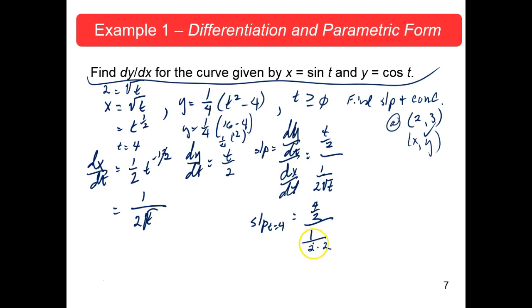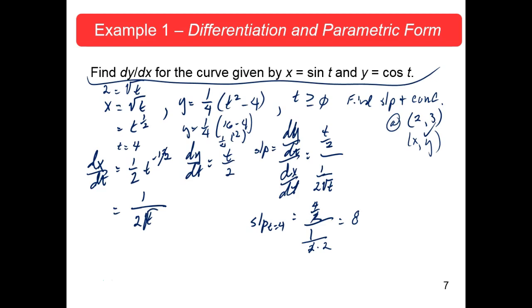So I'm just going to wipe out one of those sets of 2's, and I'm left with 8. 4 divided by 1/2 is the same as 4 times 2, so that slope would be 8. Pretty steep there, and indeed, if you look at your book, you see that is really steep there.